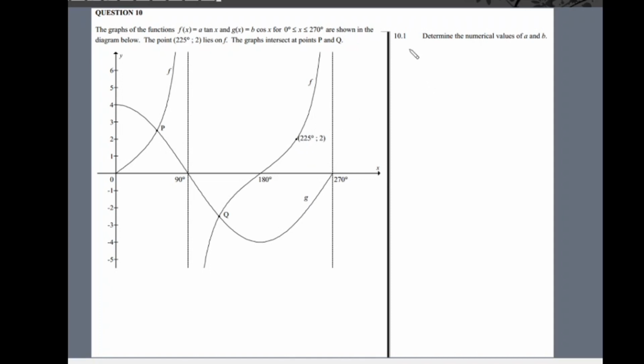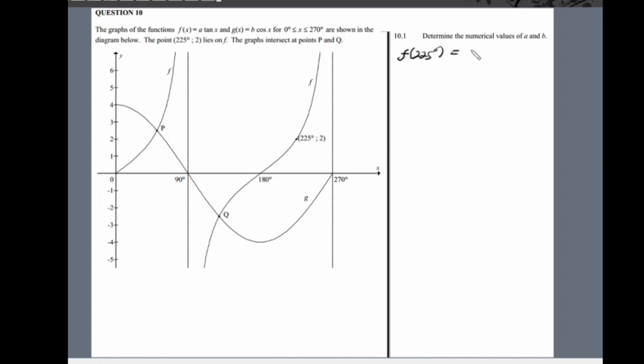So let us go ahead and do that. If you say f of 225, you'll get that when x is equals to 225, that y value is 2, right?